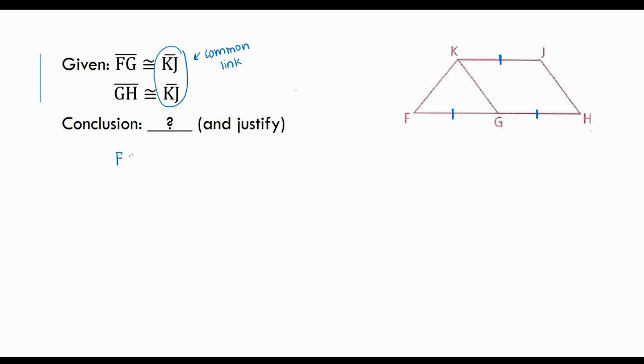So our conclusion is that segment FG is congruent to segment GH. And because there's this common link bringing them together, they're getting marked the same, so our justification is that this is because of the transitive property.